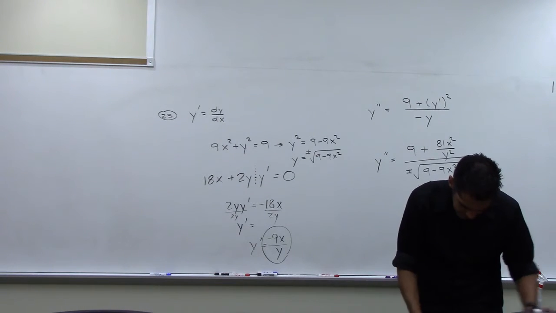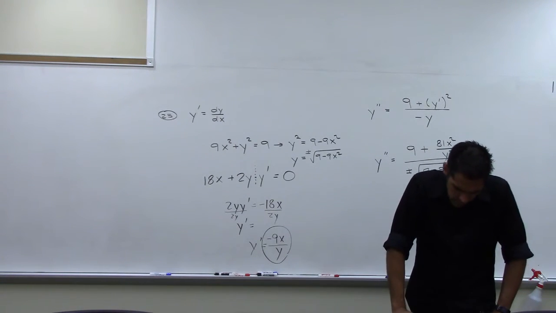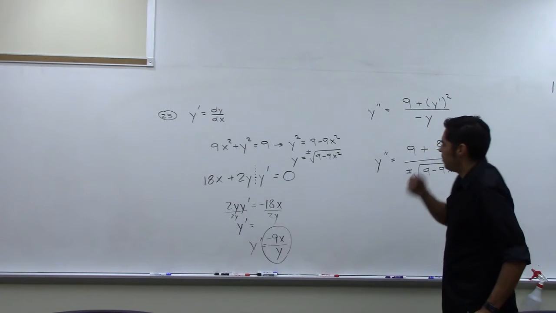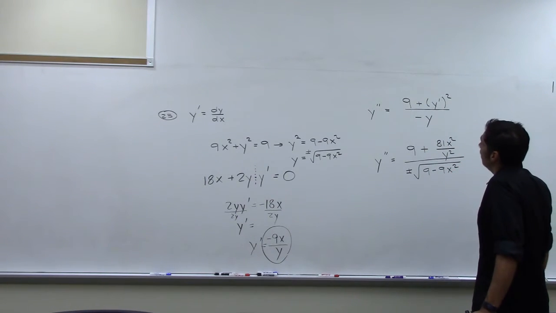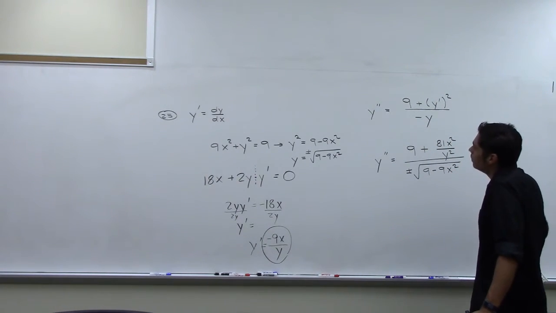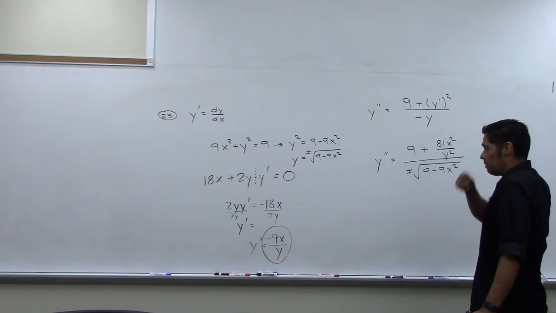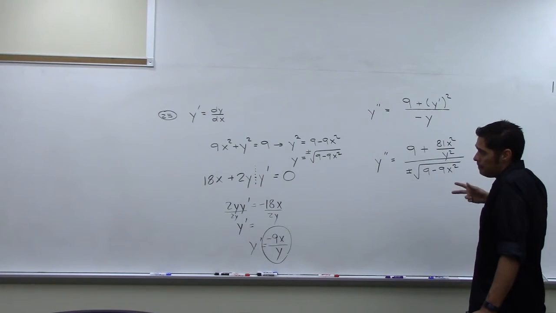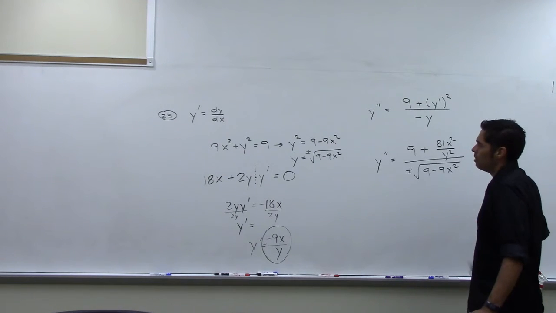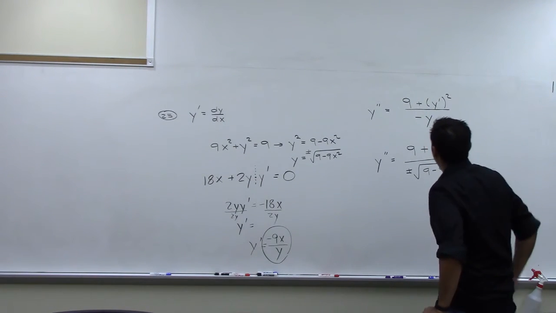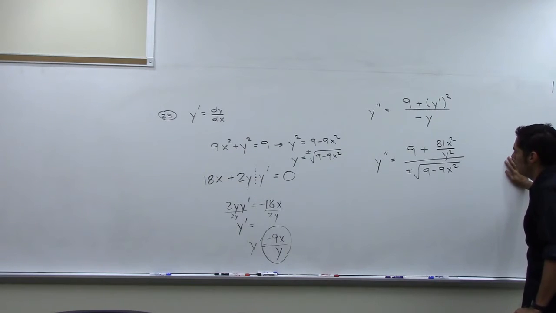Whoa. What am I missing here? y double prime. 18x, 9, 0. That's right. And then we had 18. The answer in the back is so much cleaner than this. Wondering, do they clean this up?